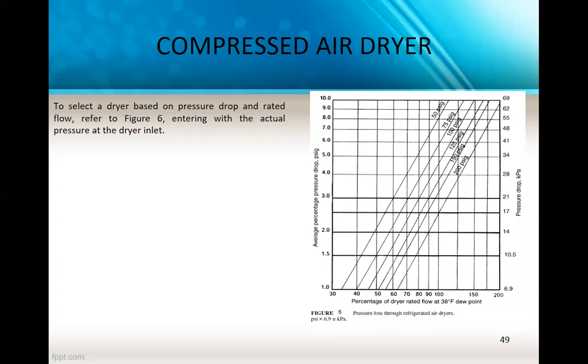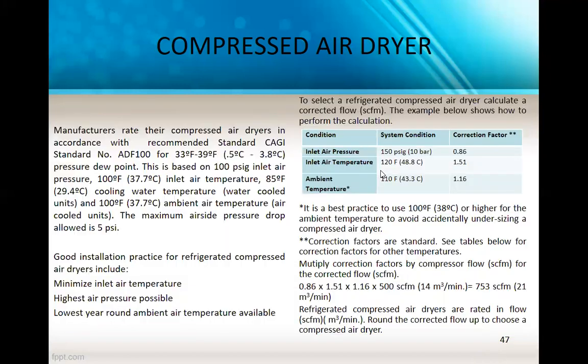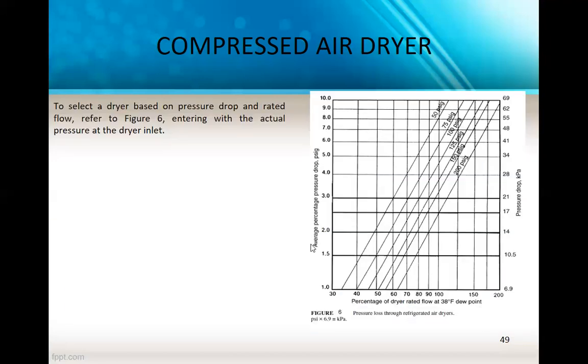Here is the average percentage pressure drop, PSI gauge. So if your pressure at the dryer is 100, here 150, let us take 150. Inlet air. So this is its pressure drop.